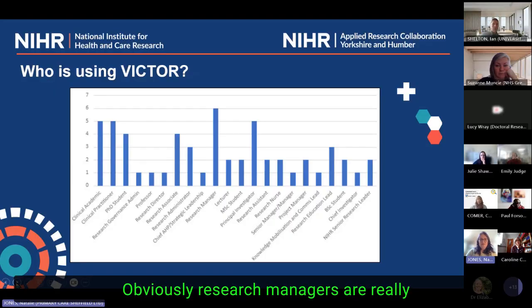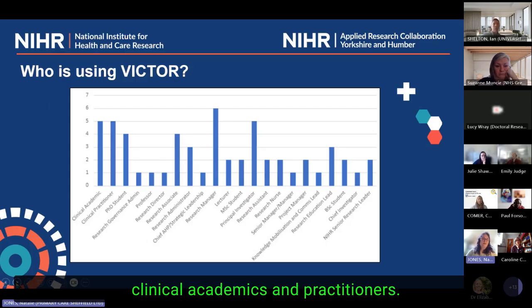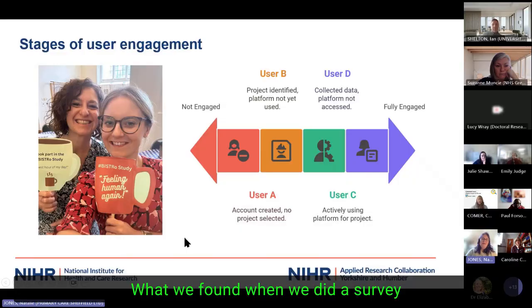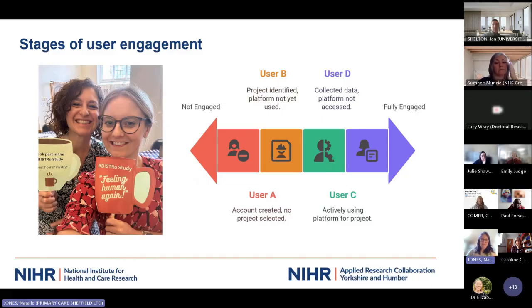Obviously, research managers are really interested in this, and people that are leading studies like principal and chief investigators, but also clinical academics and practitioners. So a nice spread. What we found when we did a survey to see how people are using Victor is that we've got 4 categories of users currently.